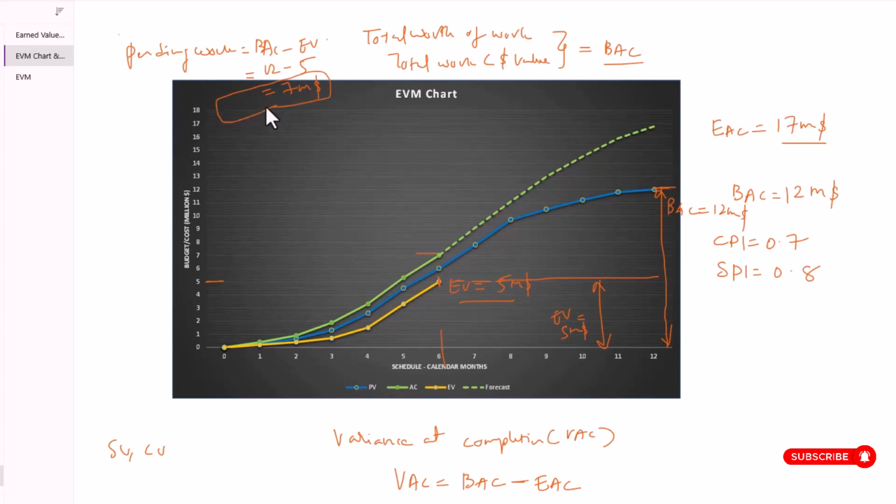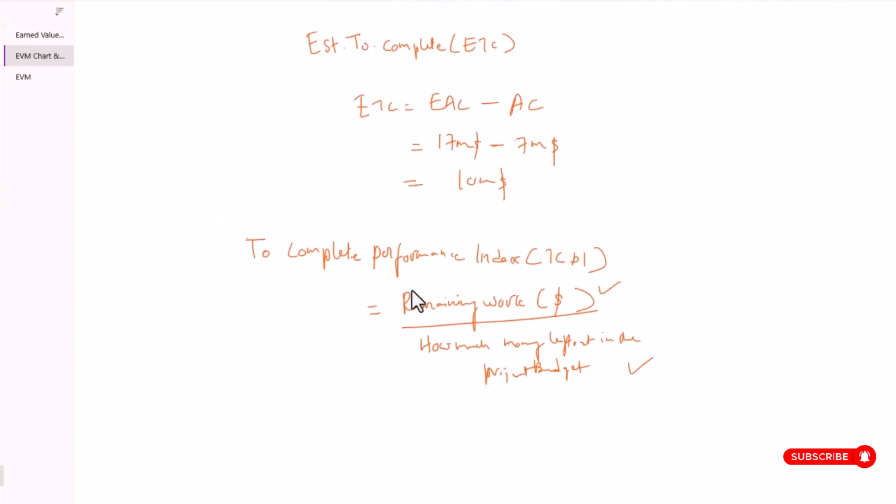So we got the first value. We have found how to calculate the remaining work. The remaining work should be calculated based on this equation: total work minus how much work we have accomplished, what we have earned so far, EV.